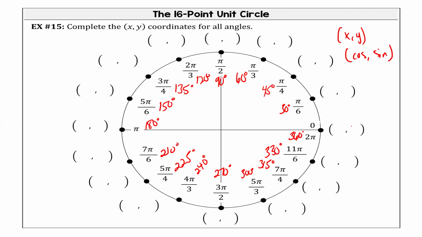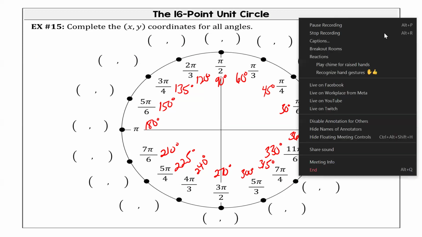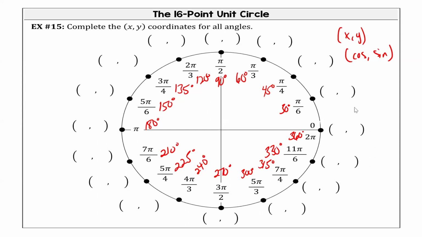So using your tables that we created yesterday, label your quadrant 1 angles and your quadrantal angles using their cosine and sine. Using your charts on examples number 10 and number 11, you should be able to fill in quadrant 1 values and all your quadrantals.